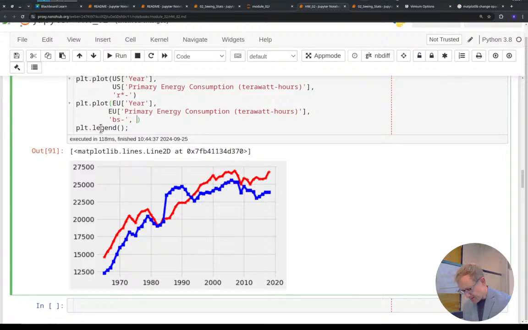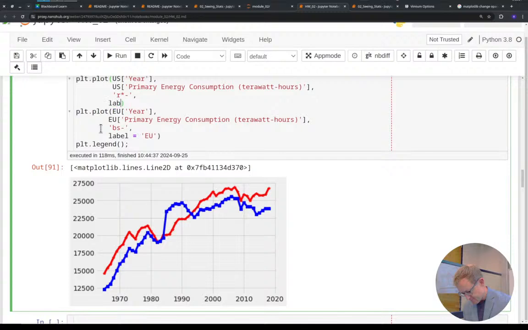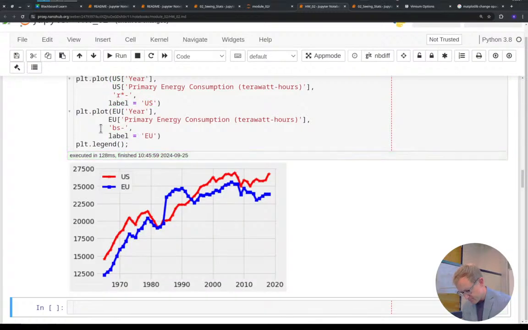Let's put some labels in. So at some point, something changed. US and Europe both reduced their energy use by a lot. And then the US continued to keep increasing, while the EU kind of settled out. Something changed.